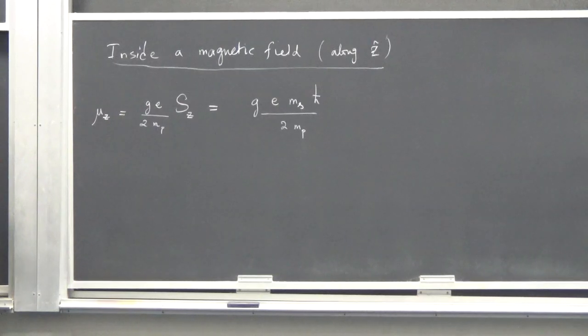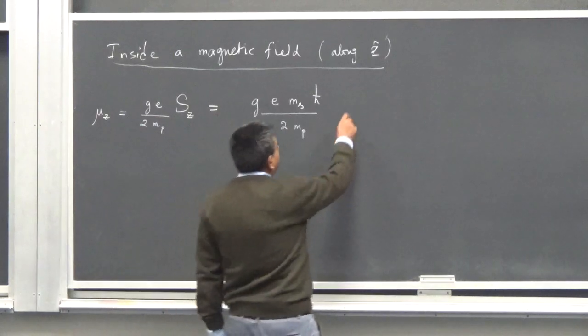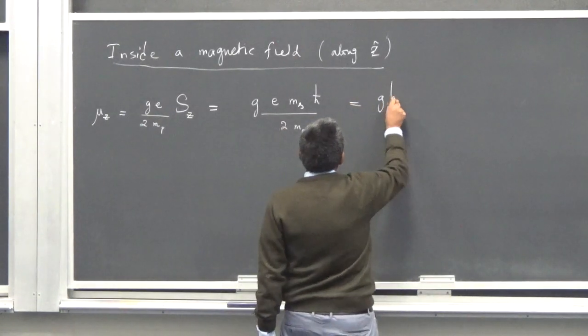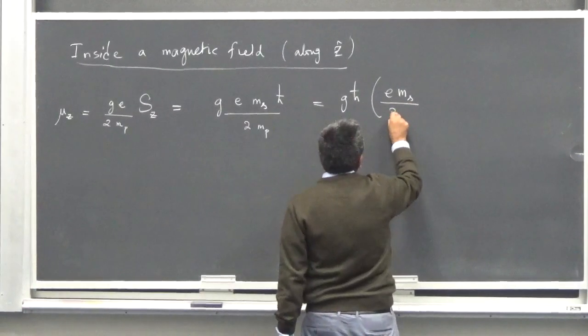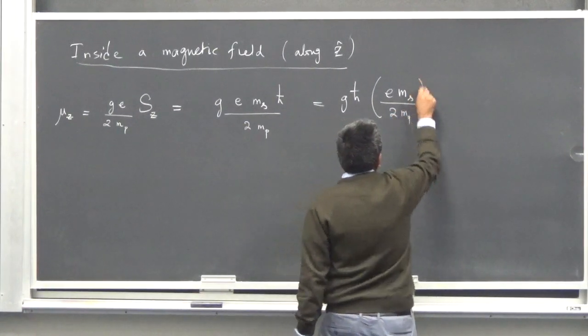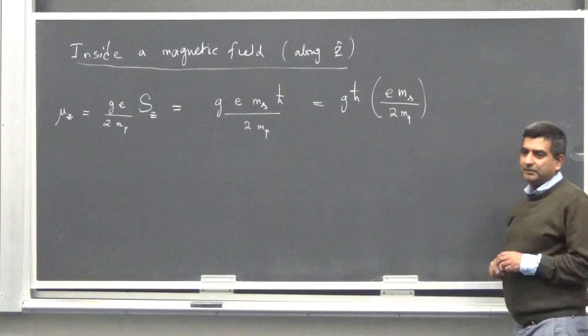Alright, so this is really what the magnetic moment looks like. So I can put this as g h bar e ms over 2 times the mass of a proton. Okay?